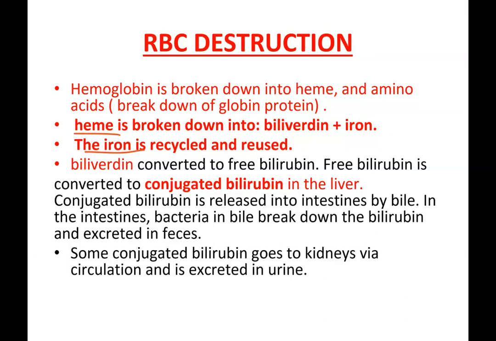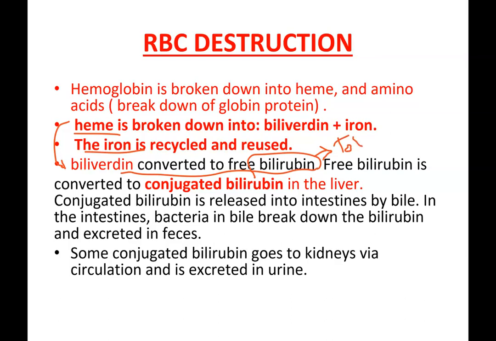The heme without the iron is called biliverdin, and from biliverdin, which is put into circulation, is then called bilirubin. Free bilirubin is converted to conjugated bilirubin by the liver. Bilirubin is a toxic substance. It has a yellow color to it, and the body needs to eliminate it.